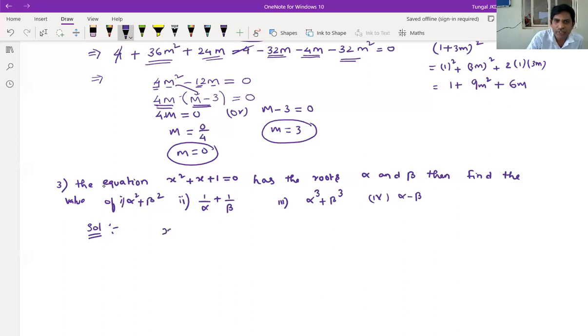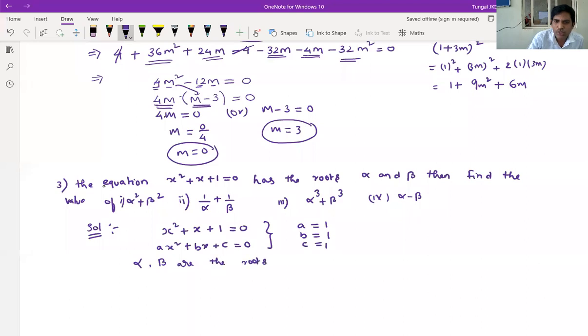So the given quadratic equation is x square plus x plus 1 is equal to 0. It is in the form of ax square plus bx plus c is equal to 0. Just by comparing, the a value is 1, the b value is 1, the c value is nothing but 1, and alpha and beta are the roots.